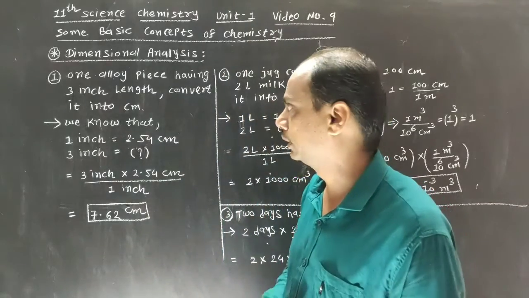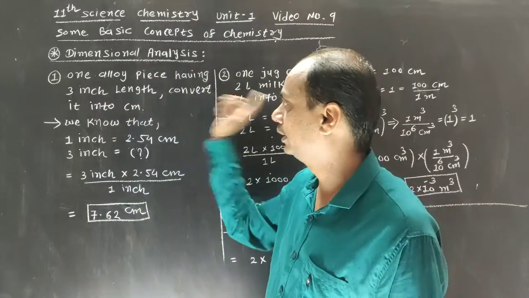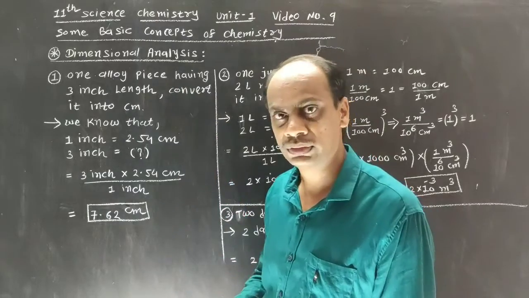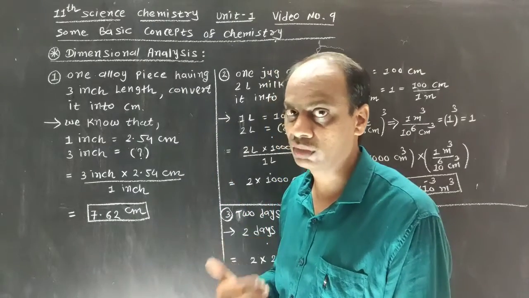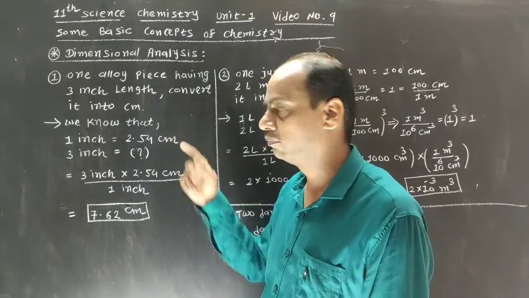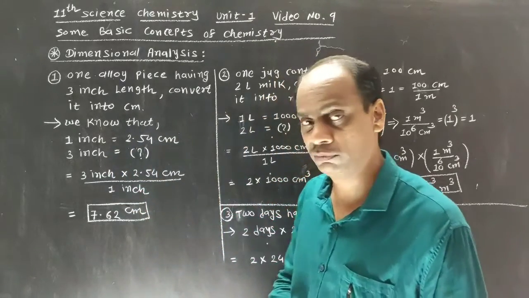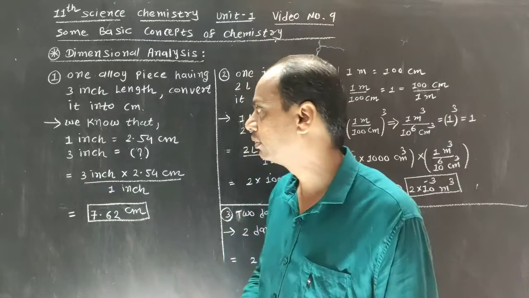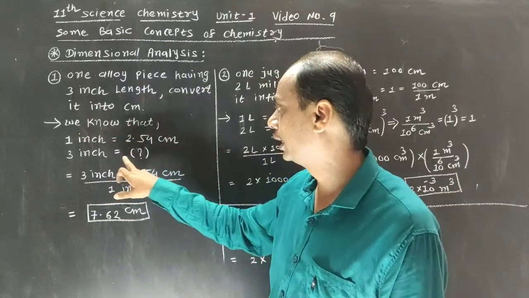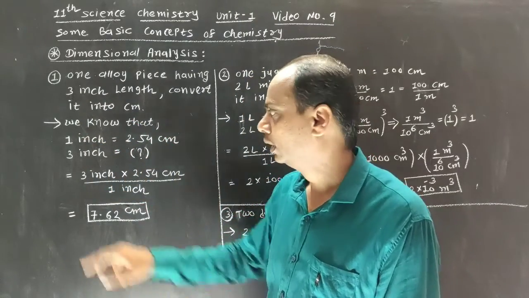Let us study the first case. One alloy piece having 3 inch length converted into centimeter. Before solving this sum, we have to keep one thing in mind, that 1 inch is equal to 2.54 centimeter. Then 3 inch has how many?